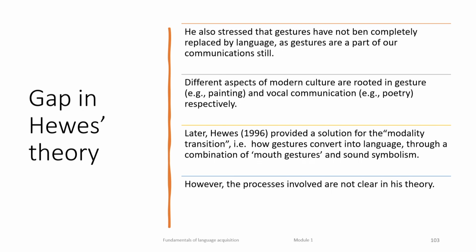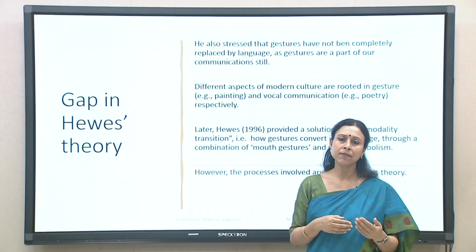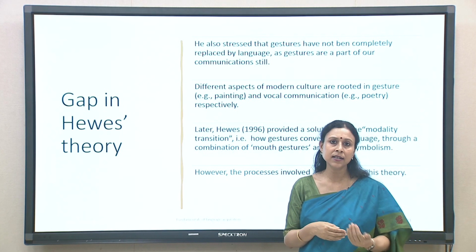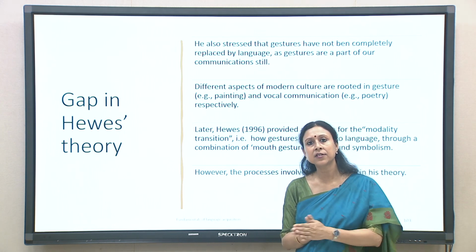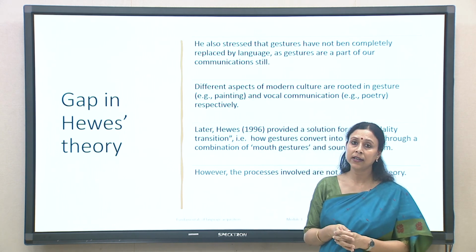In his later publications he provided a solution for the modality transition. What do we mean by modality transition? Because he talks about gestures predating vocal language, there must have been a transition from gestures to vocal language. How do you take care of it?